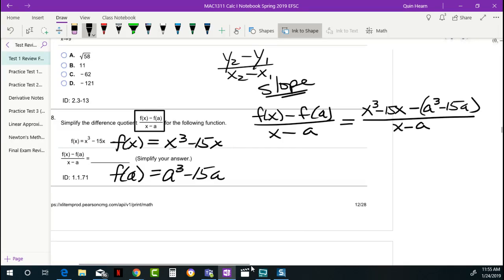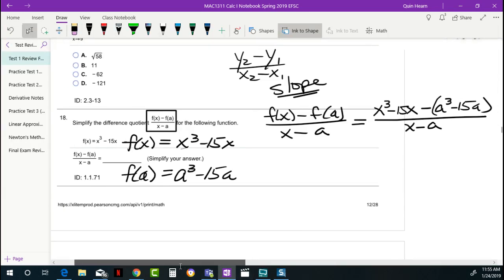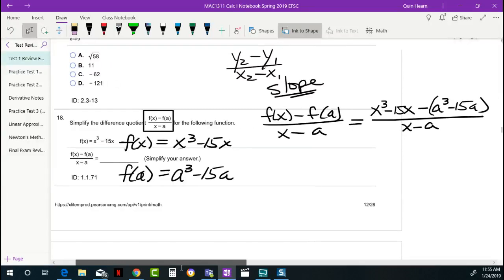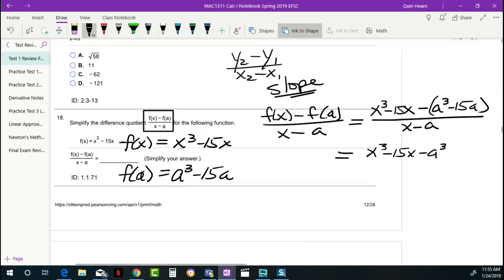And then we have over x minus a. Okay, and then we're going to distribute the negative: x cubed minus 15x minus a cubed plus 15a over x minus a.